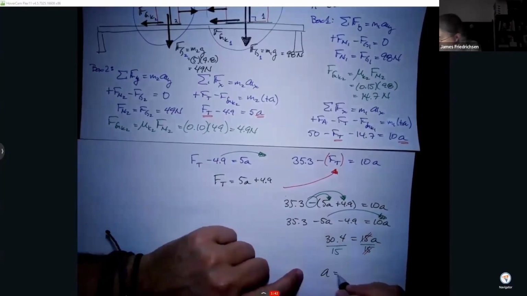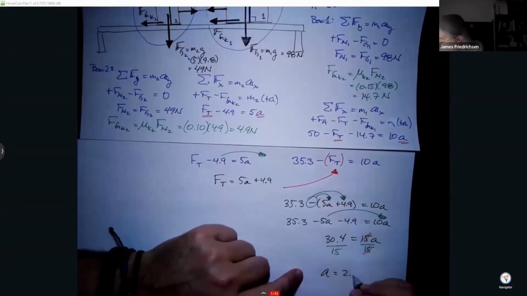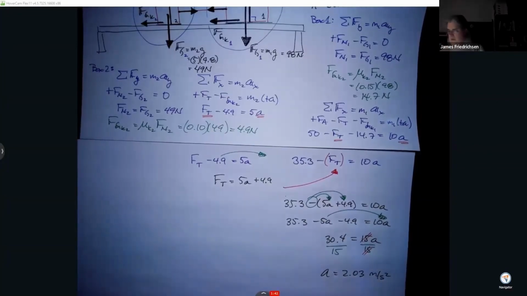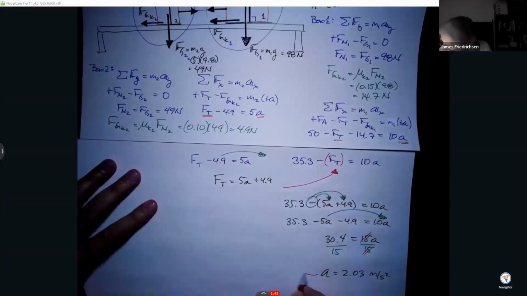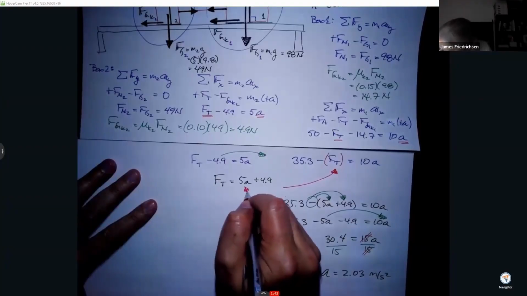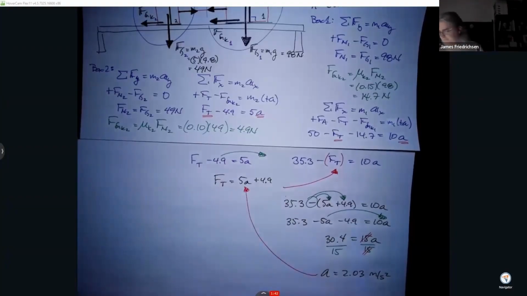So then a is 2.03. Thank you. All right, now we got a. And so now we're going to take the a and put it back into this formula to get the tension magnitude.